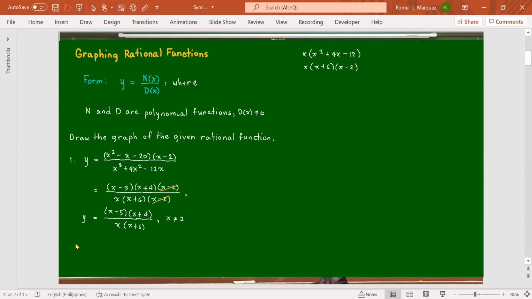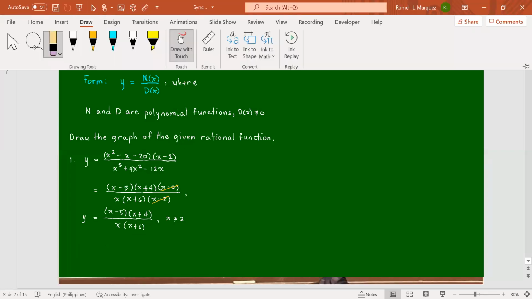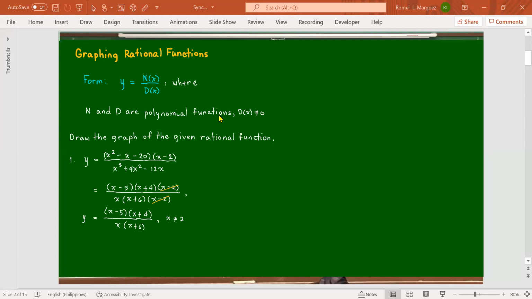So for the restrictions, there are two restrictions. What are they? Holes and asymptotes. So let me erase this now and write it here. First, we need to know the restrictions.